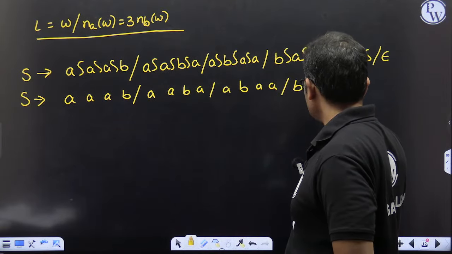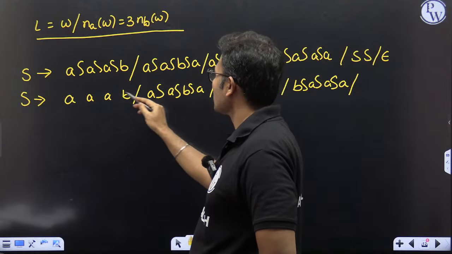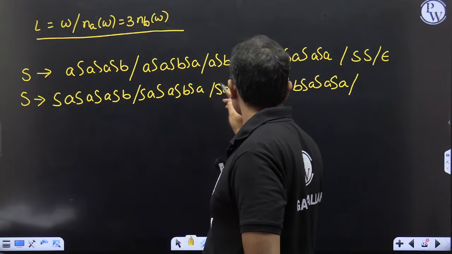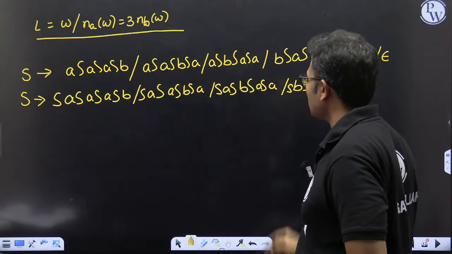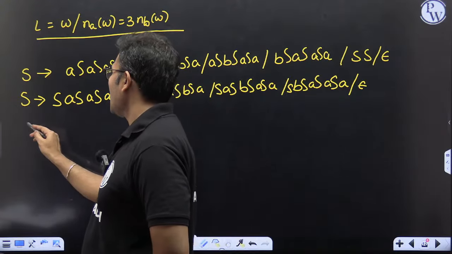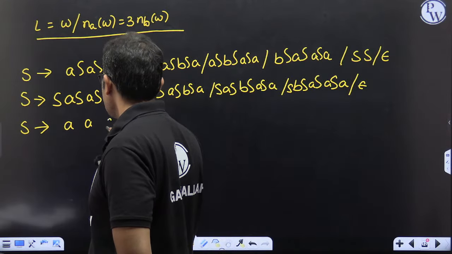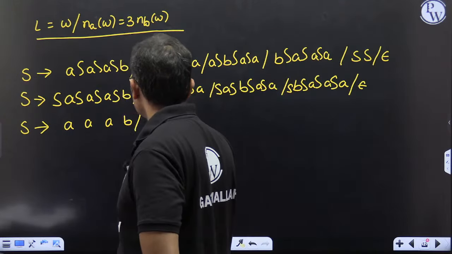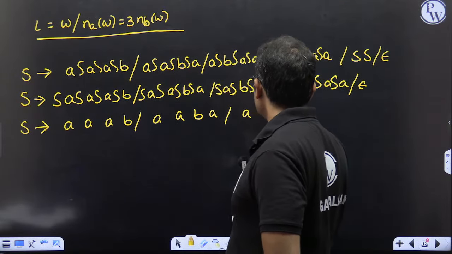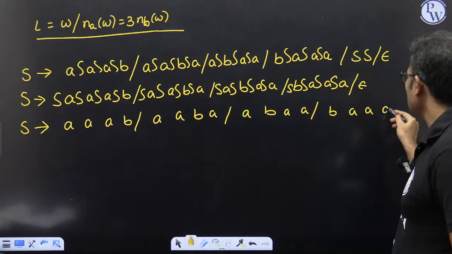Now you put S in between, and you put an S in the beginning, and you put epsilon. This is one answer, right? Otherwise, you can write like this: AAAB, or AABA, or ABAA, or BAAA, or epsilon.